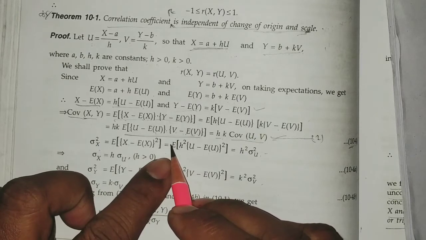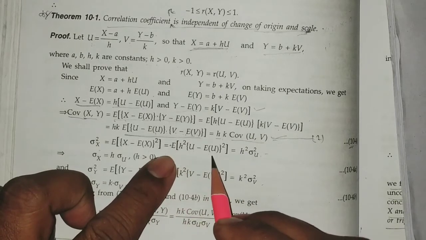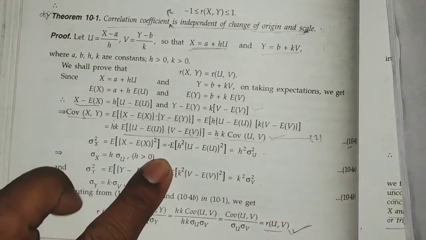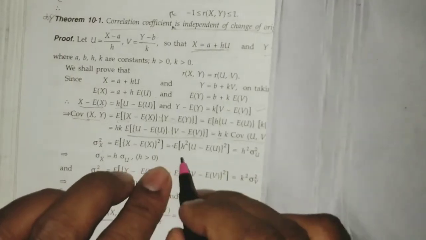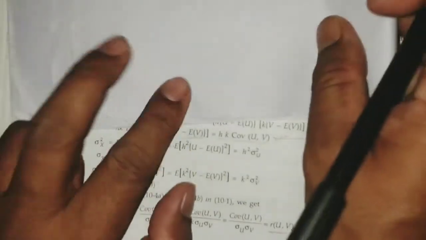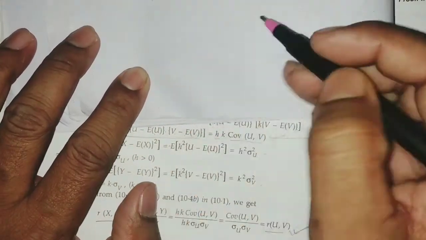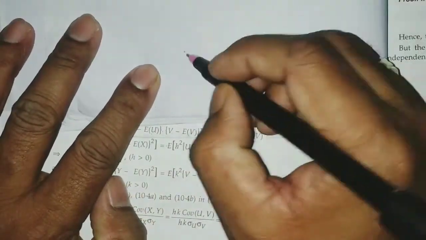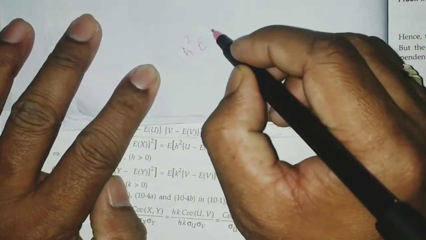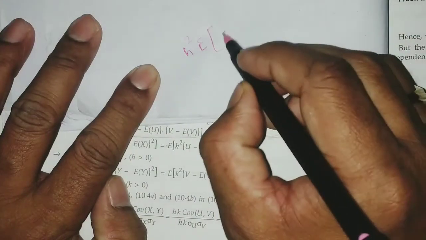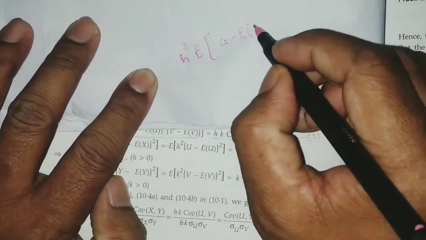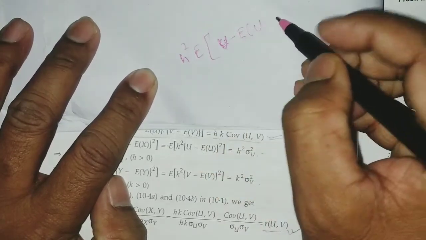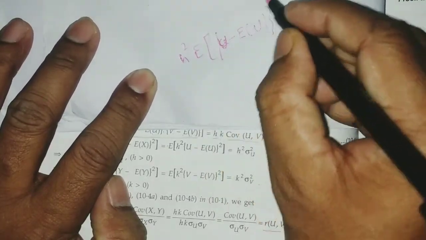So taking h square outside, we find expectation of u minus expectation of u whole square.